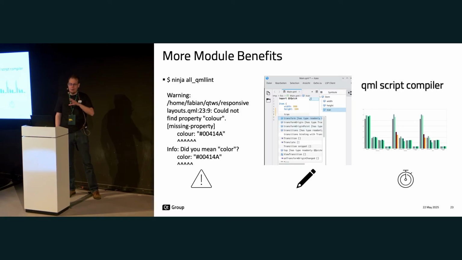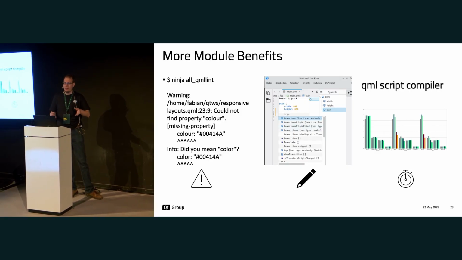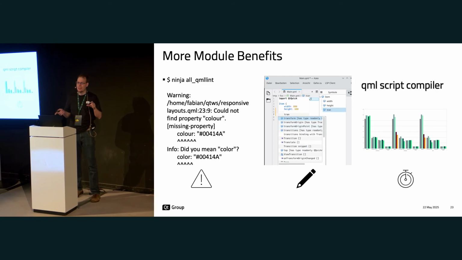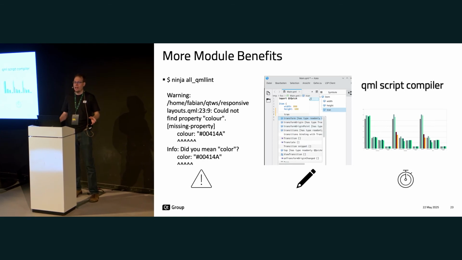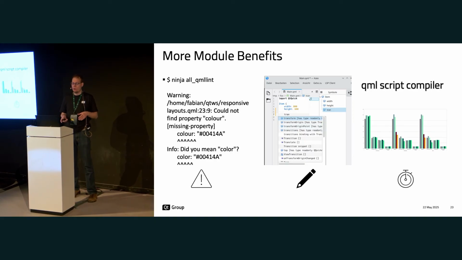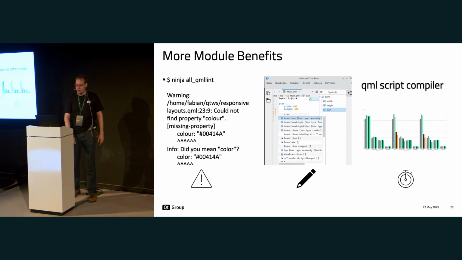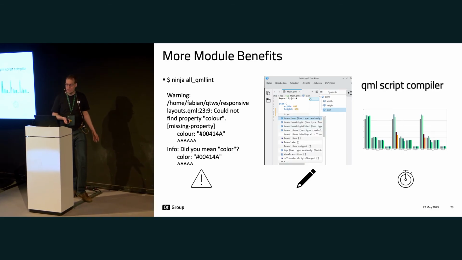And it still works because it makes it possible to use the LS protocol. And so any editor can work with QML, with QMLS, as long as that auto-generated QML types file is available. And also we will automatically run the QML script compiler, which converts part of your QML code to C++ to make it run faster. And that's some benefits you get for free.